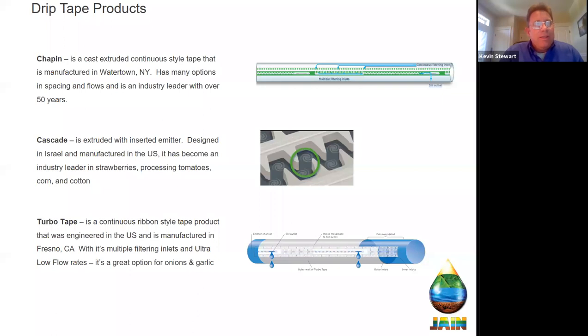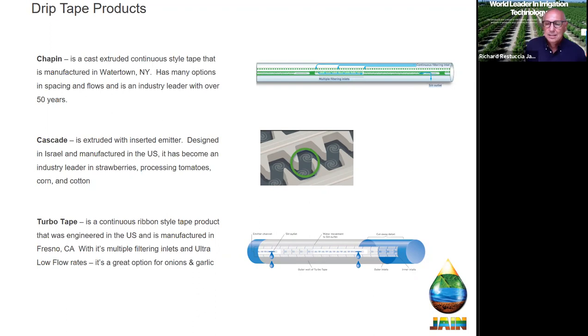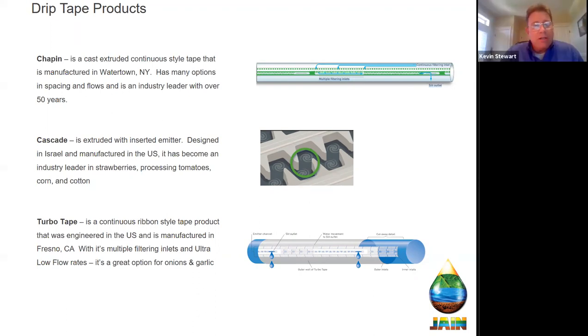They vary from soil type to different varieties, to different climates, to different field sizes. And so we've invested quite a bit of money, millions, into technology and machinery to offer a number of products that make a good complement to a number of these crops.